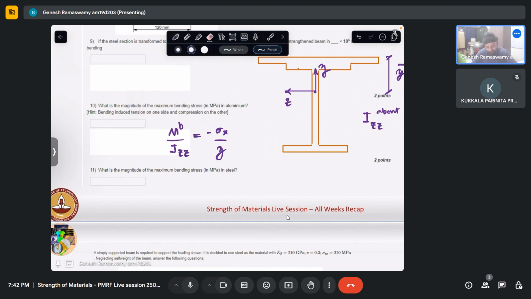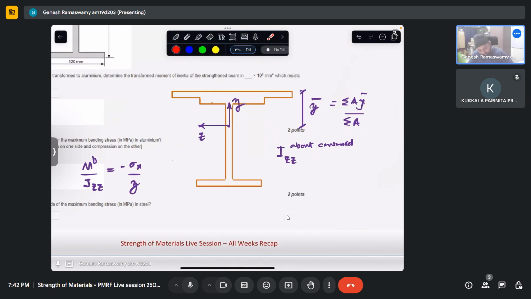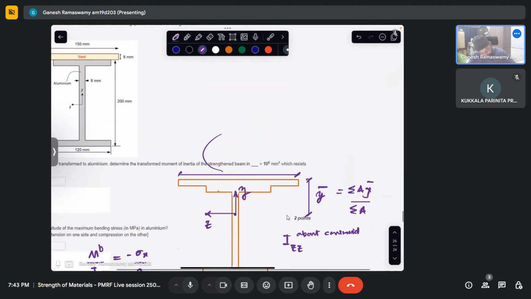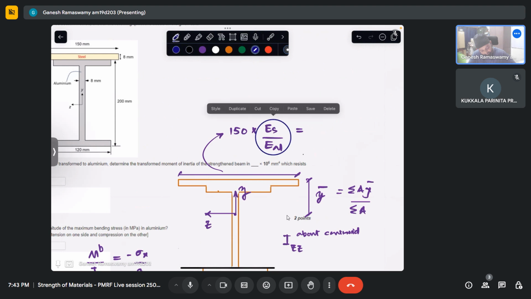So once the bending moment is given in the question, Izz is what we have to calculate for this transformed section, where this width is 150 into ES by E aluminum, which is 3. So therefore this will be 450 mm. The rest everything remains the same.